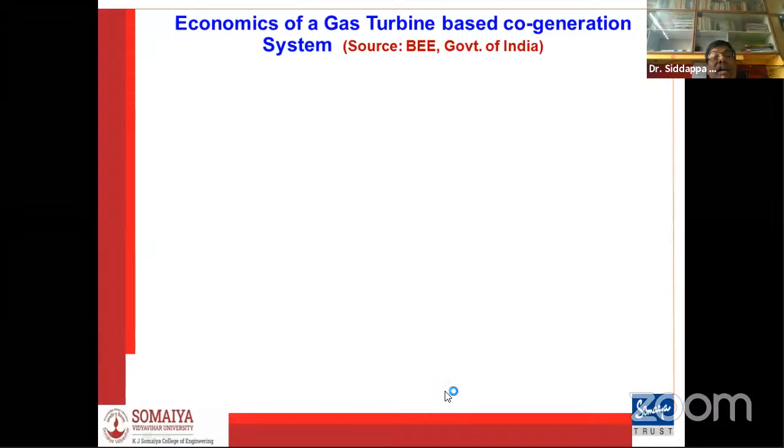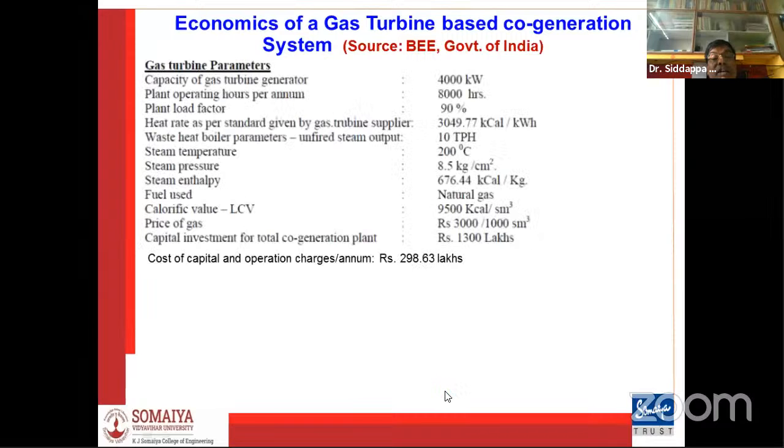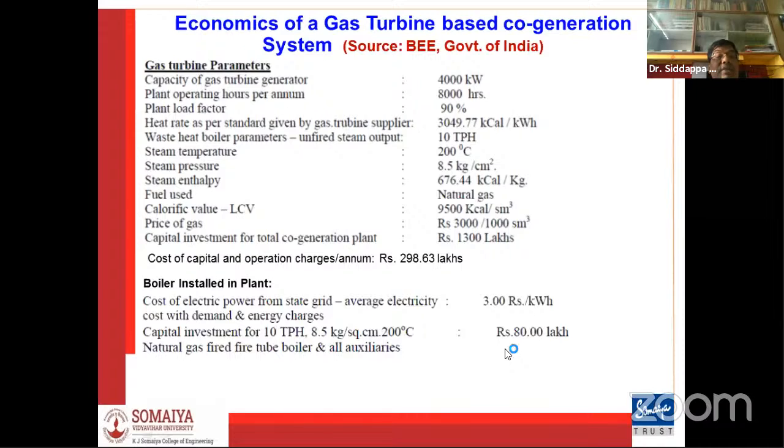Then this is one of the little bit economic analysis problems for a thermal power plant. I'll just rush through this one. Here the parameters given for you are for the economic analysis of a cogeneration system, a gas turbine operated and boiler installed plant with cogeneration system.